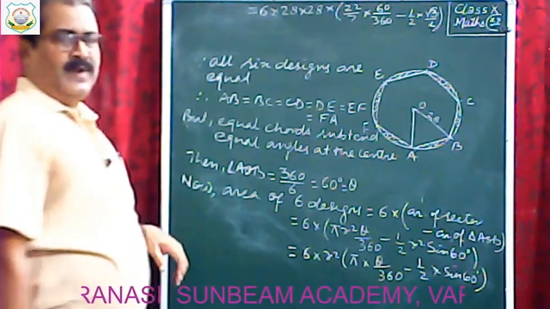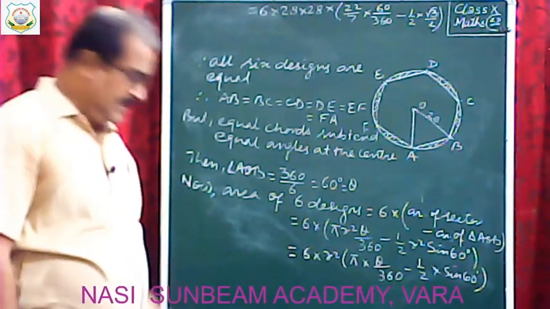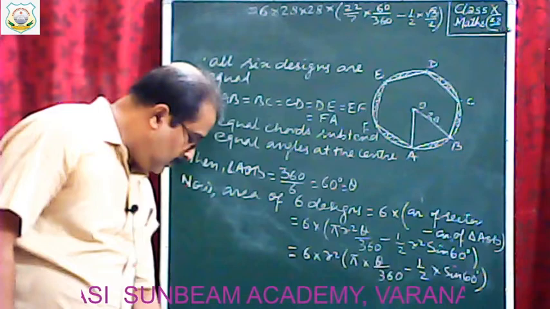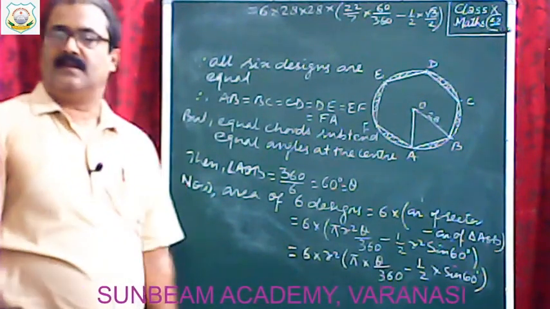Thereafter we have to find cost actually. So rate is given, that is 0.35 per centimeter square.